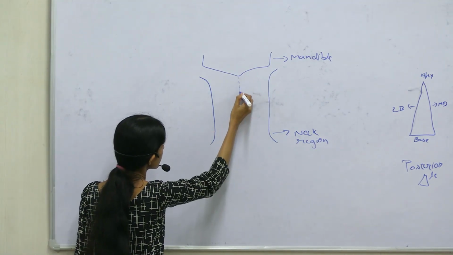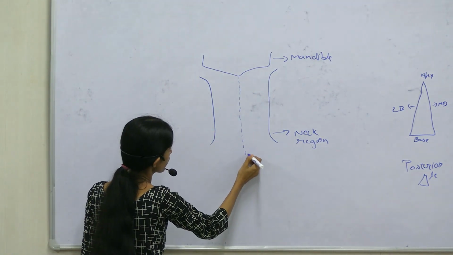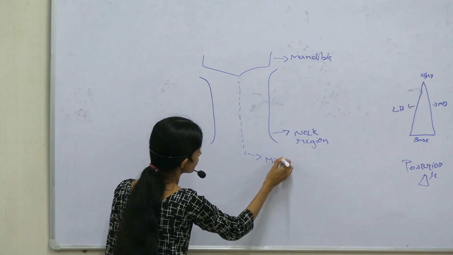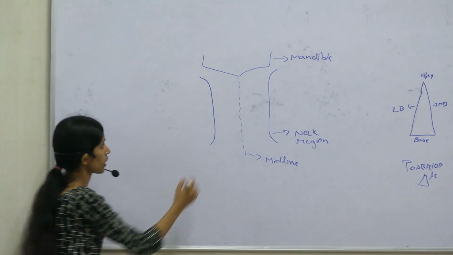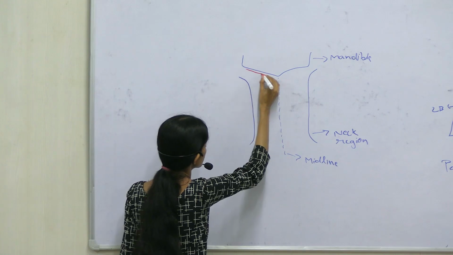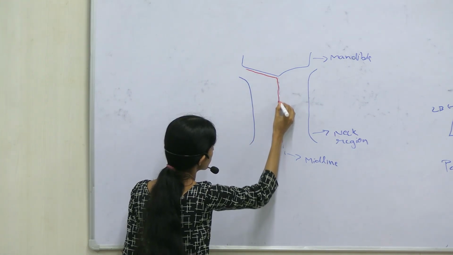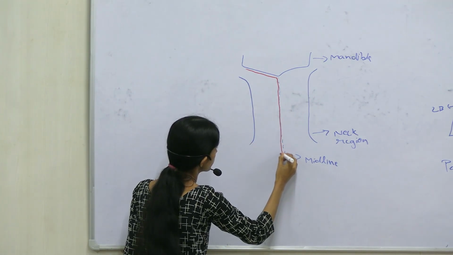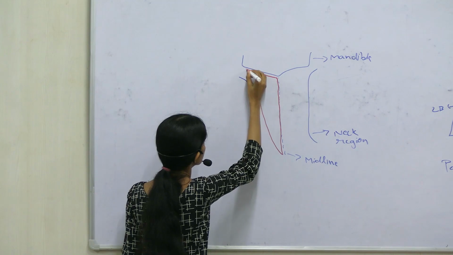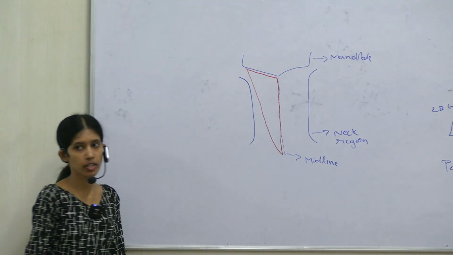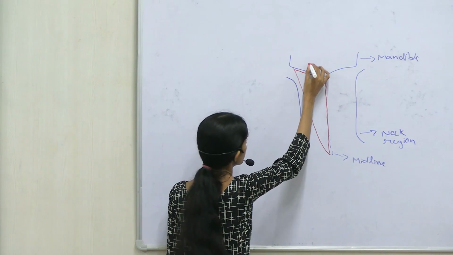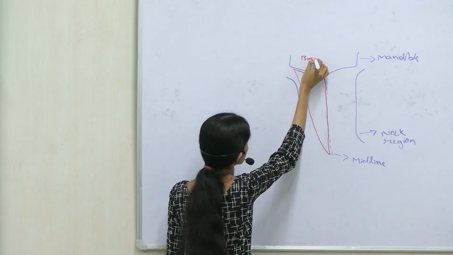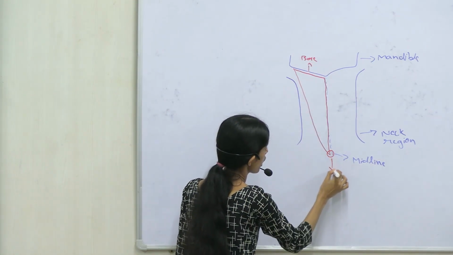And this is the midline of your neck. Your anterior triangle will present like this. This is your anterior triangle. Okay. So this is the base and this is the apex.